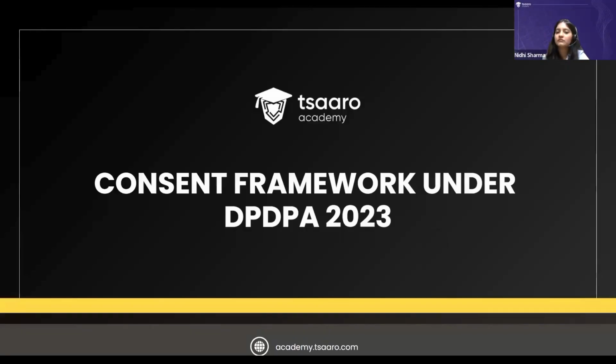At the moment, just to summarize the entire session, the basic requirements would cover the following. First thing is to have a notice in place, maybe a statement displayed on the website that the processing of personal data is being done in this way. The second thing is setting up the withdrawal mechanism, and a mechanism for collecting consent on behalf of minors and persons with disability, and also maintaining a detailed record of all the consent processes being done.